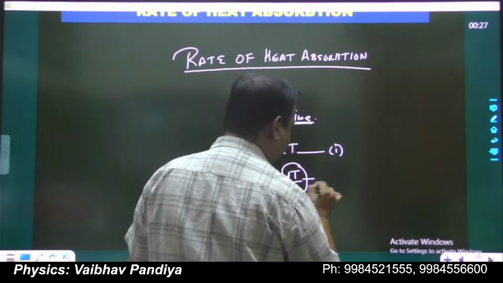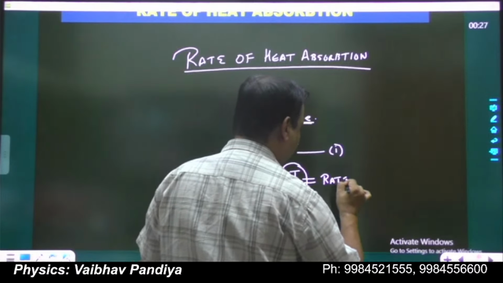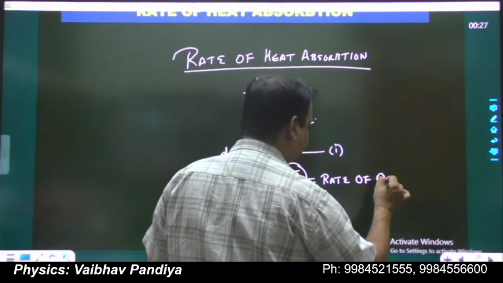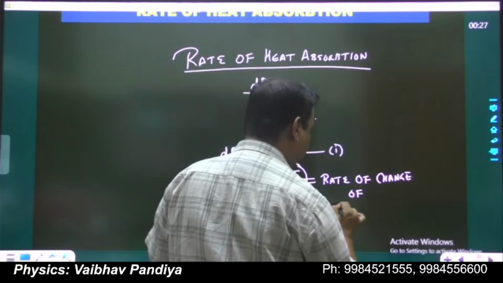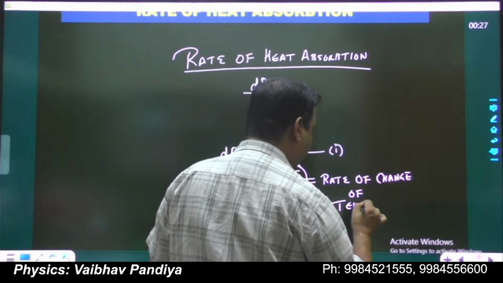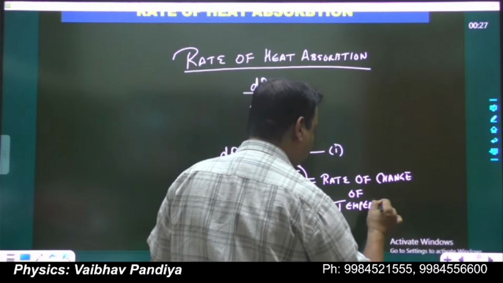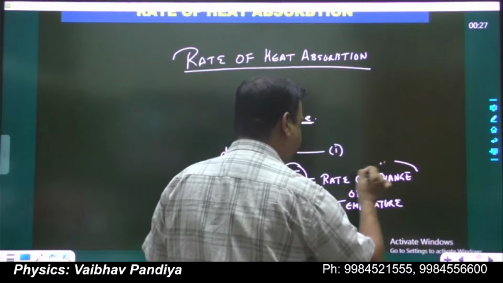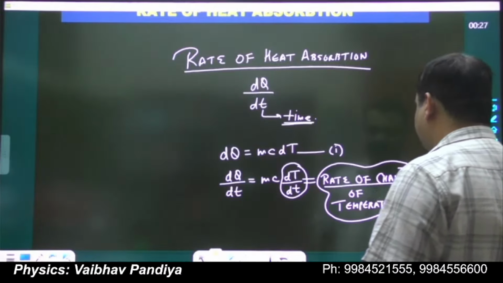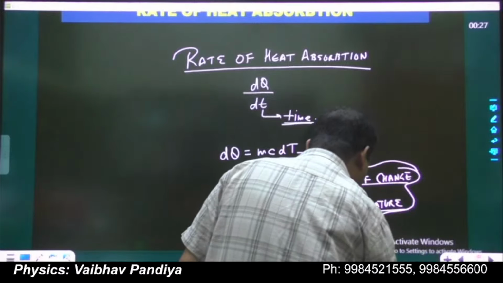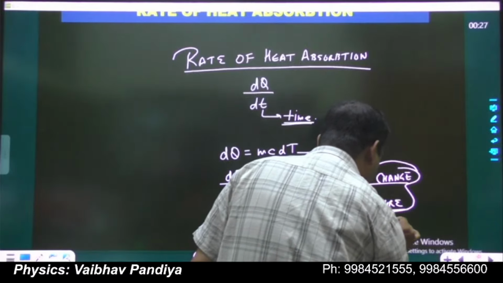And this is what? This is the rate of change of temperature. How temperature is changing with time. Rate of change of temperature, of course, with respect to time.